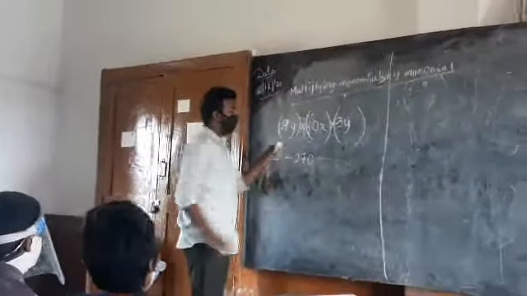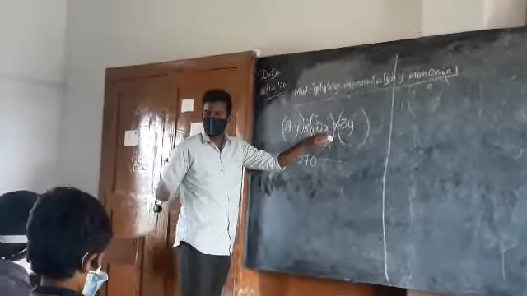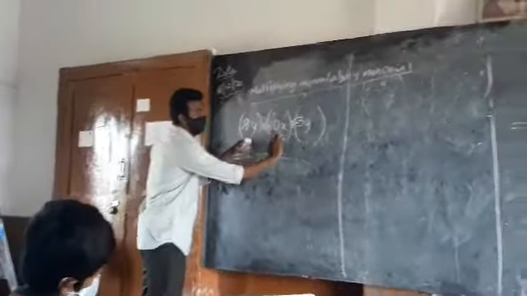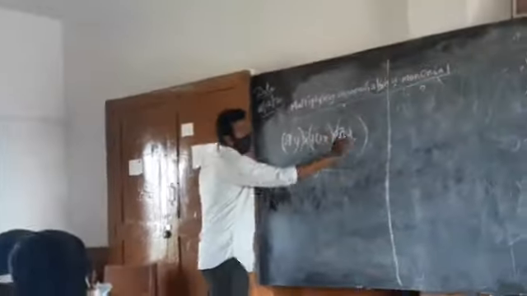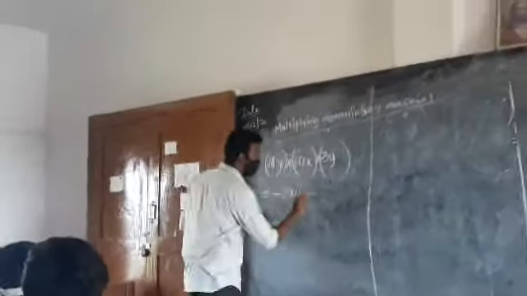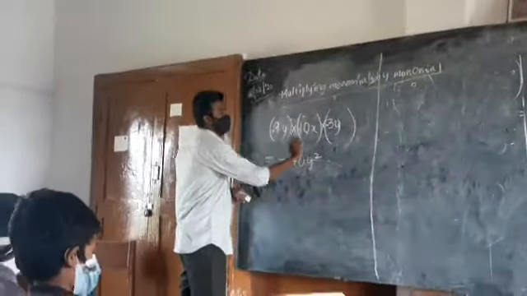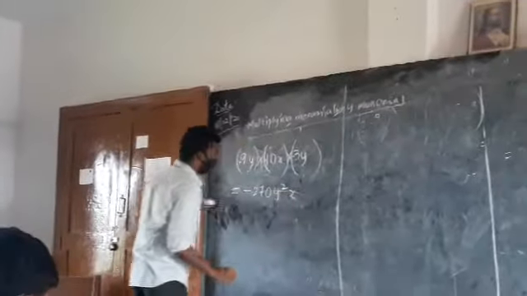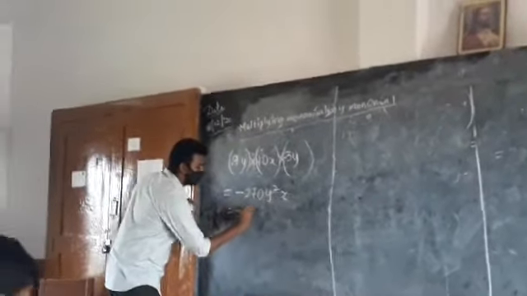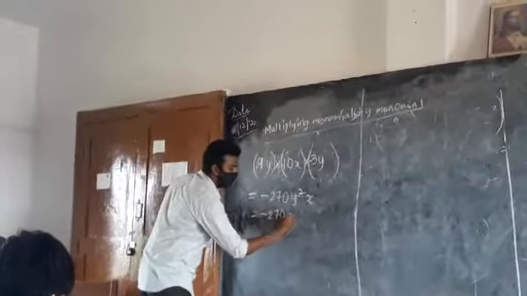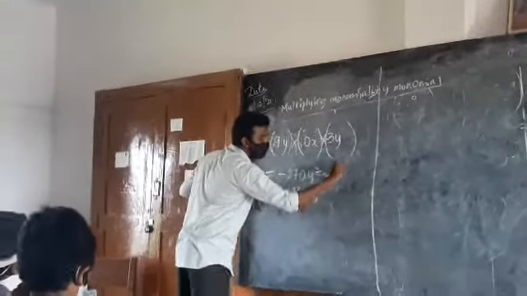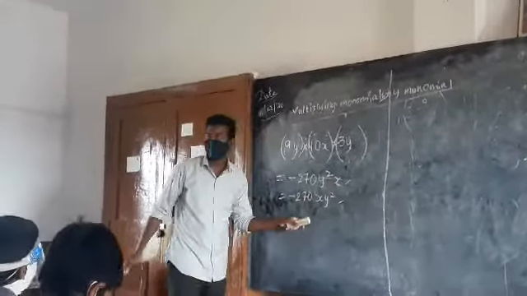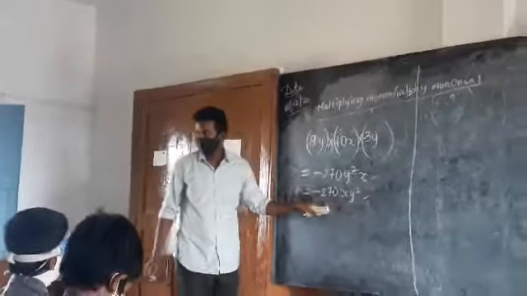Y into X, it will come as yx. Y into Y, y square. Very good. Another variable remaining with us is x. So I am going to write this as x y square. Both are the same, just for alphabetical order I am writing this.